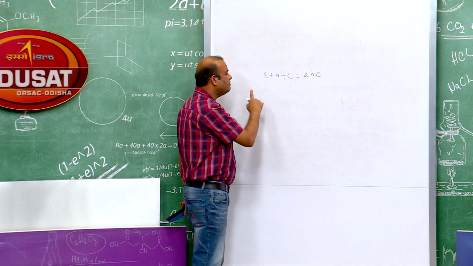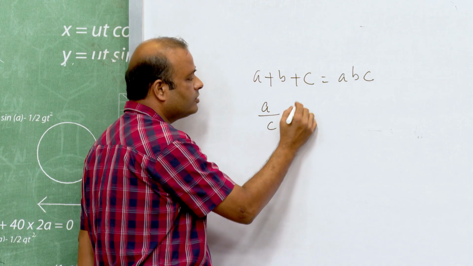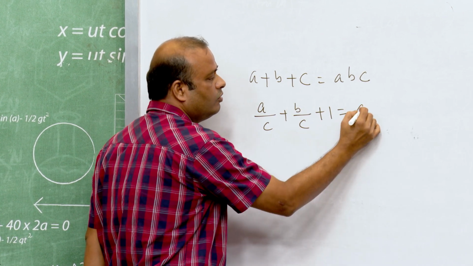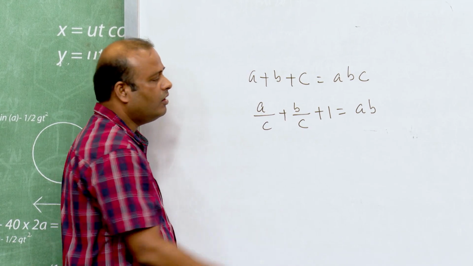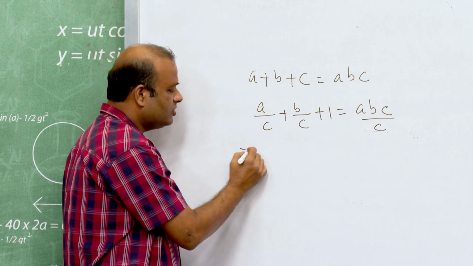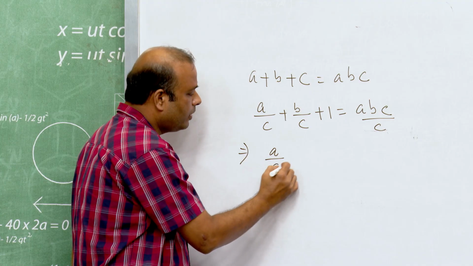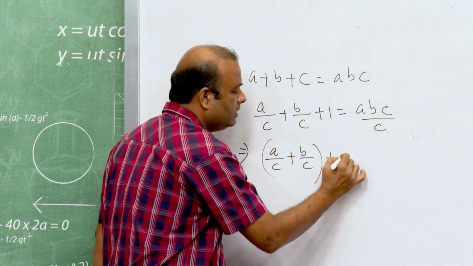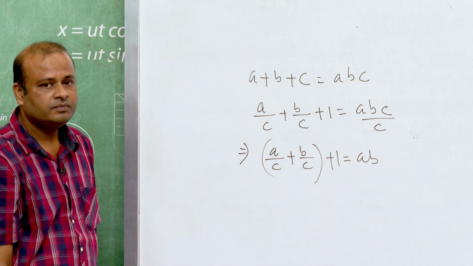So divide by C both sides, that is A by C plus B by C plus 1 is equal to AB, right? Or ABC by C. So this implies A by C plus B by C plus 1 is equal to AB, right?